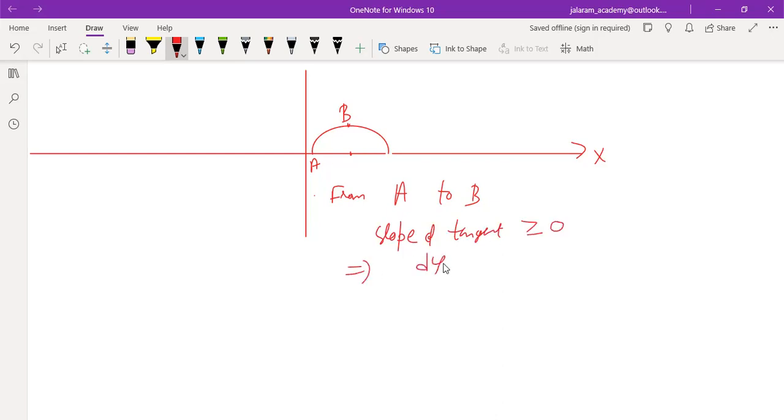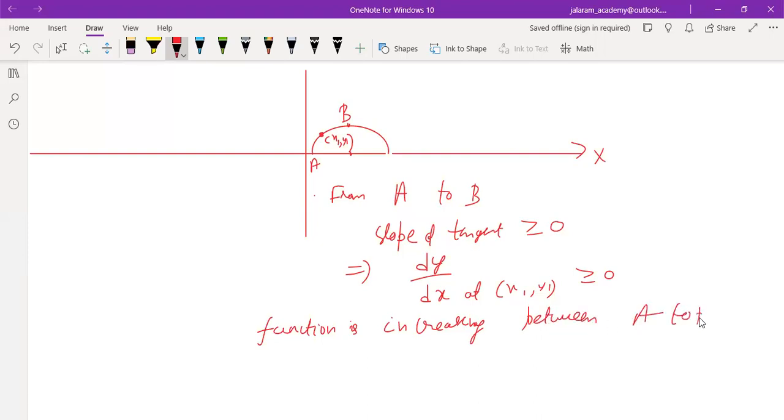Means dy by dx at any point between A and B, if we assume this point to be x1 comma y1, is always greater than or equal to 0. Means function is increasing between A to B.